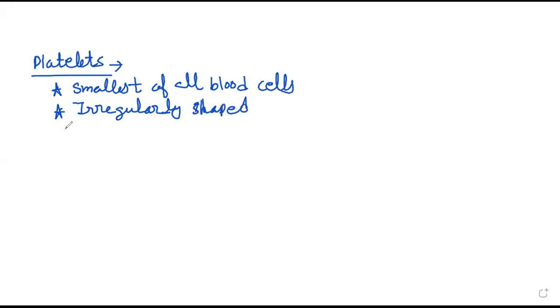They are also known as thrombocytes, right? Because when we have a cut or a wound in our body, they become activated. The activated platelets aggregate to form a plug, which helps in blood clotting.